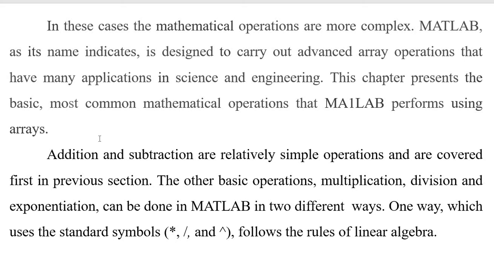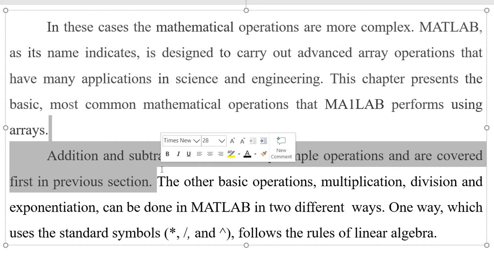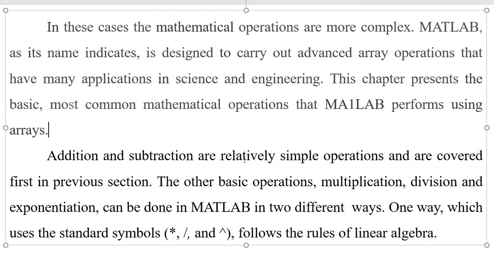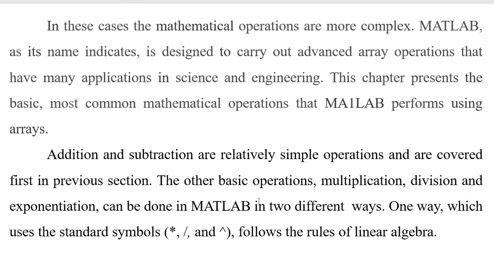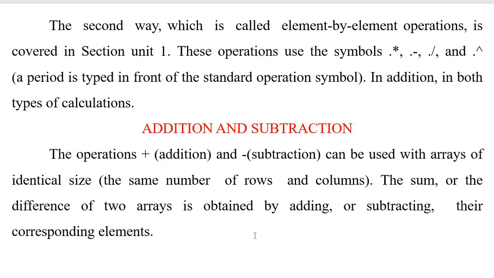Addition and subtraction are relatively simple operations and are covered first, in the previous section. The other basic operations, multiplication, division, and exponentiation, can be done in MATLAB in two different ways. One way, which is used with standard numbers, follows the rules of linear algebra.